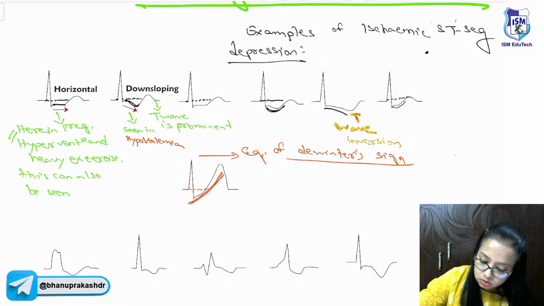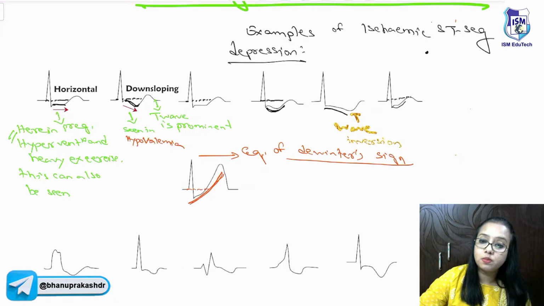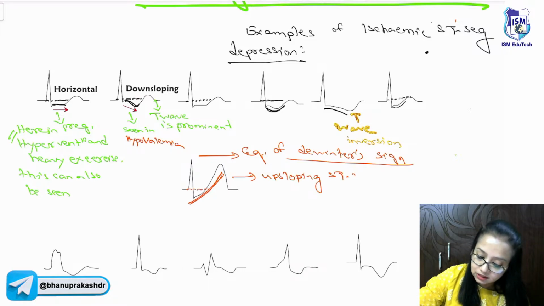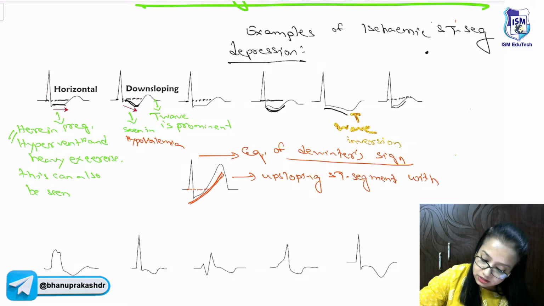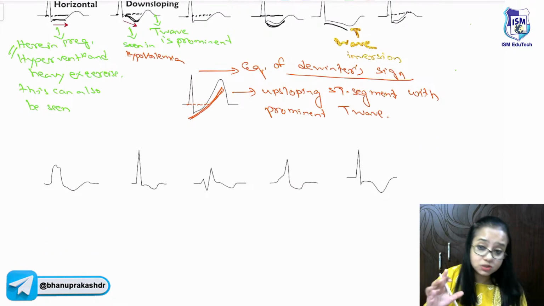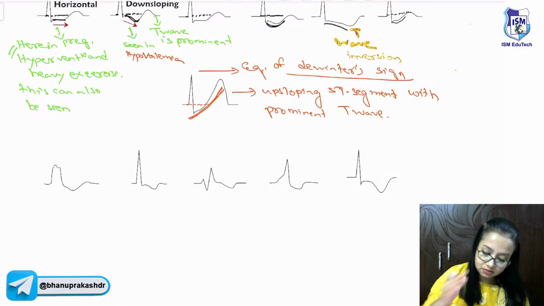It is of the upsloping type with a prominent T wave. Okay, this was the first type that was found out.